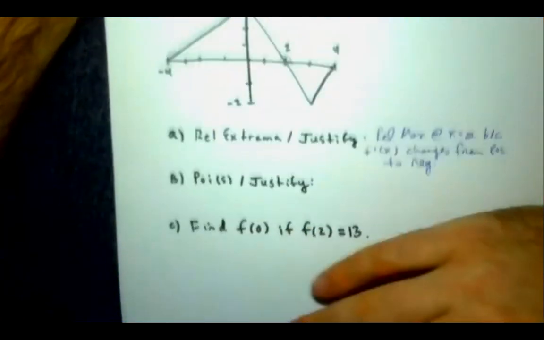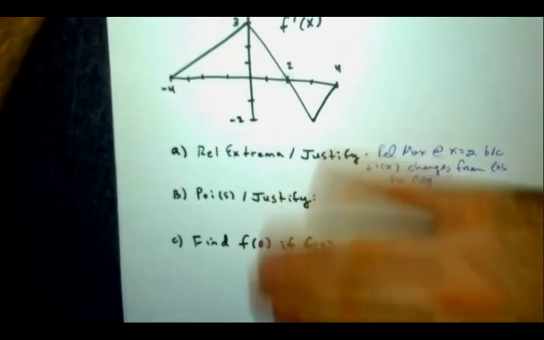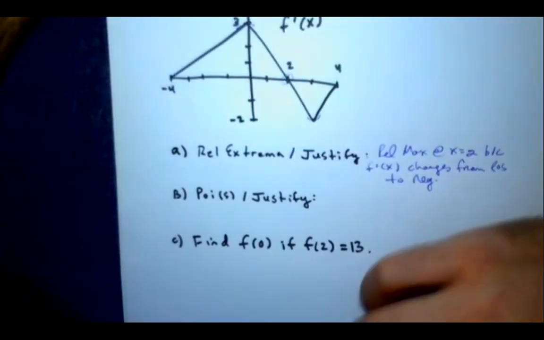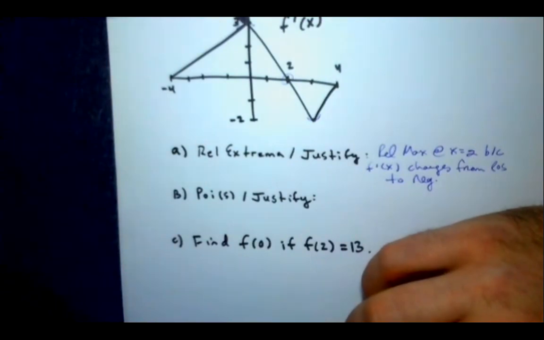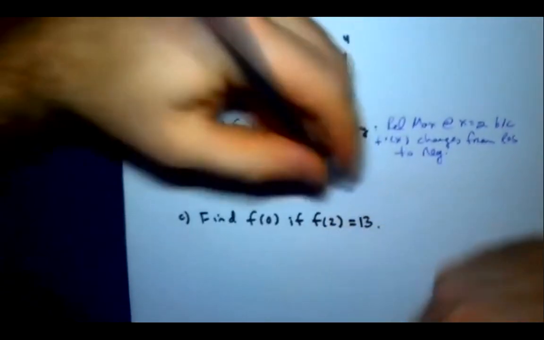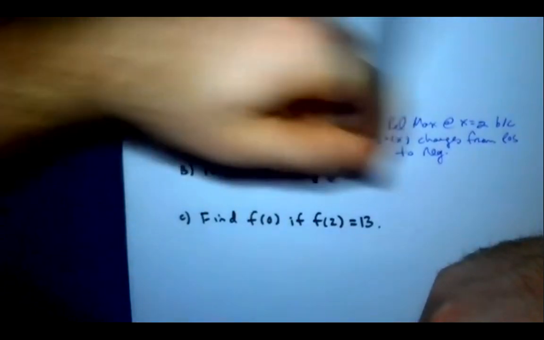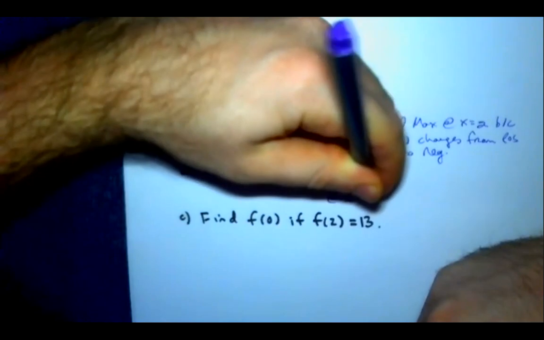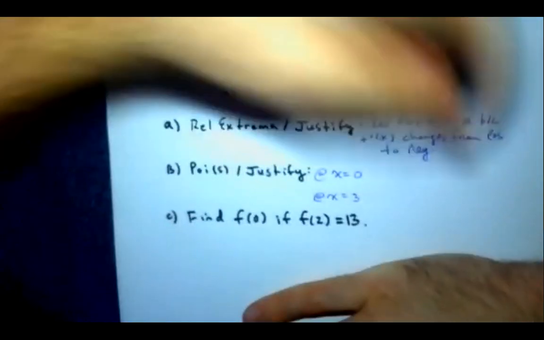Okay. Points of inflection are the turning points of the derivative. So I see 2 of them. Remember, we're talking about x values. So we should be talking about 0 and 3. So POI at x equals 0, at x equals 3. They each have their own explanations.